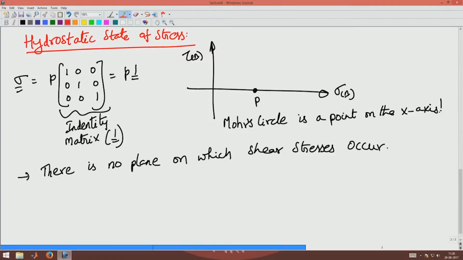Now, the next stress state that we want to define is what is called a pure shear stress state.